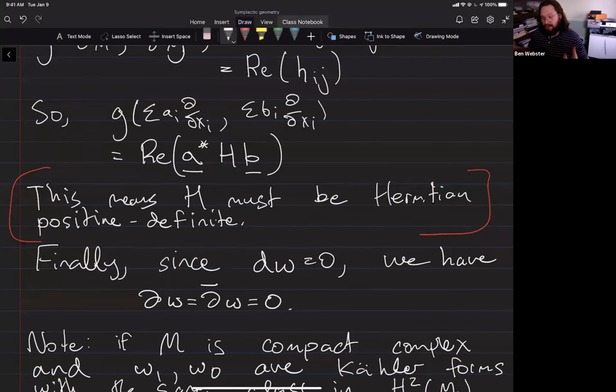But we also want an actual symplectic structure, so we have one more condition. We need that the exterior derivative of omega is 0, and we could just write that as a condition. If we want to be fancy and complex about it, we can instead ask that del bar and del of omega is 0. Those are equivalent properties because we're on an honest complex manifold.